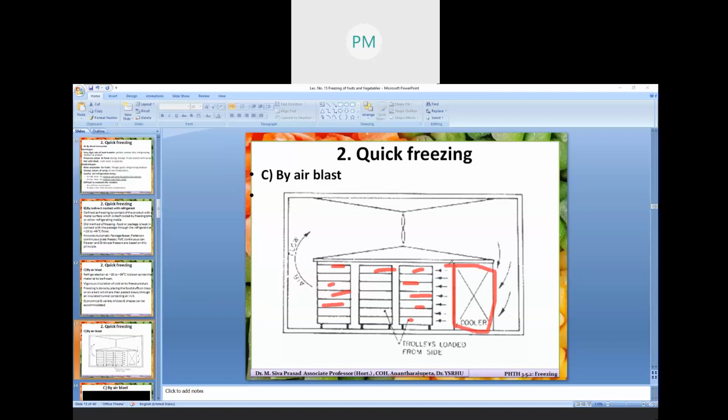From this cooler, cool air will be blown onto these food packets or the substances that need to be frozen. So when it is blowing cold air through blasting, your substances get frozen, right?